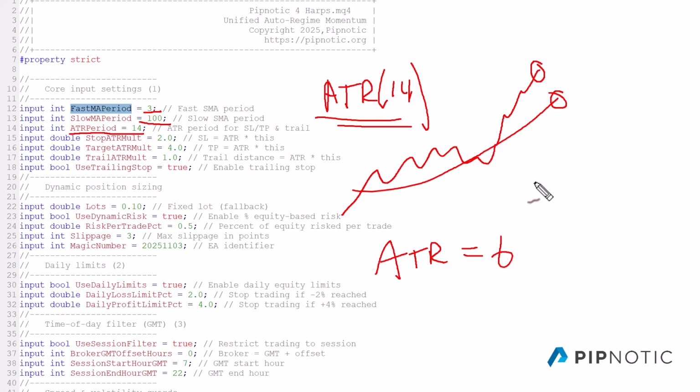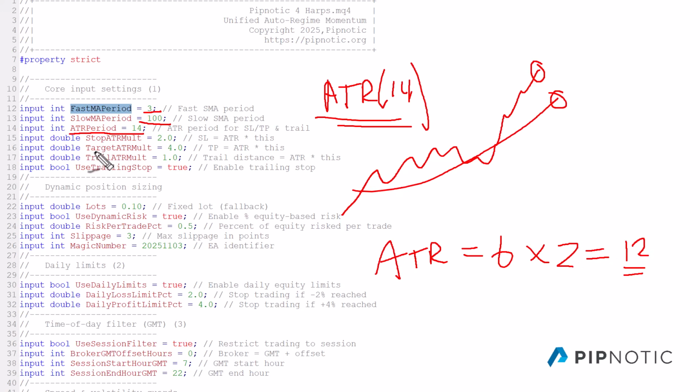If it's expected to move 6, how about we take that and multiply it by 2. We are expecting 6, but our stop loss is going to be placed at 12. So we have a little bit of protection from unexpected volatility. If volatility moves outside that expected 6, there's still a bit of a cushion, and we're not going to get taken out of our trades because we have a slightly larger value.